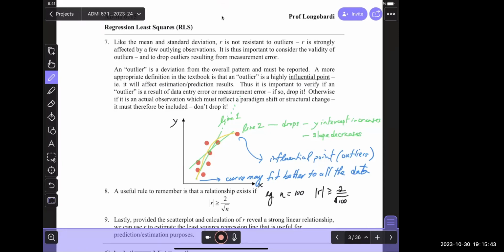More than 0.2. So an R greater than 0.2 will be considered a relationship. That's pretty small, right? An R of 0.2. But that's the way it works. So you would say there's a relationship there, but you say it's a weak relationship.